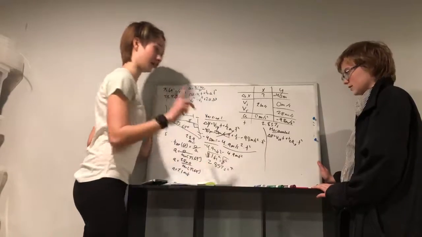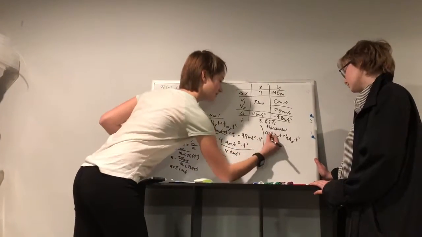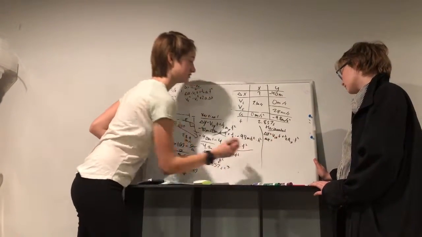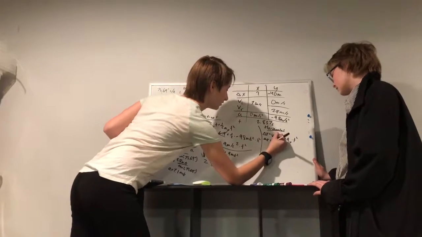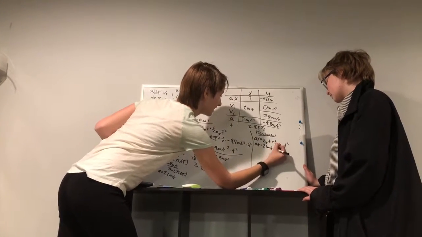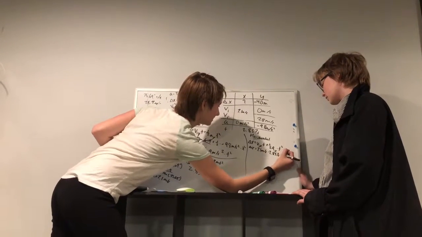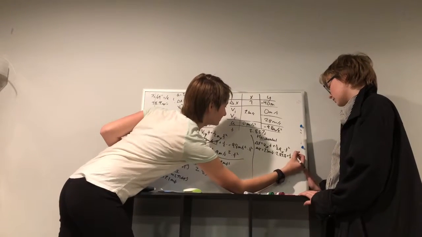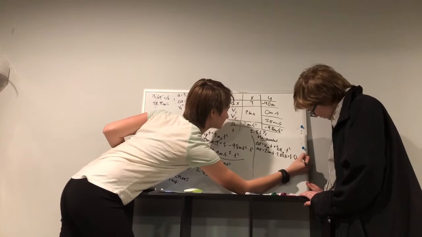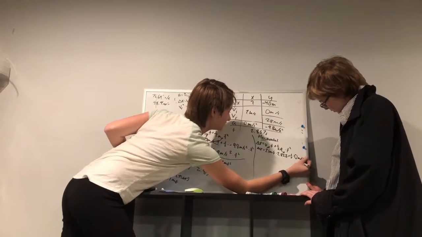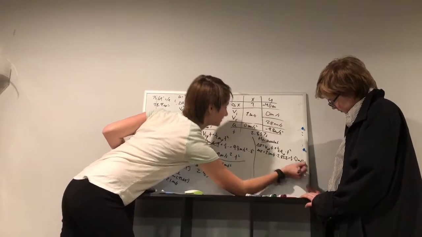Then we are going to plug in our variables. We have our unknown variable, displacement, is equal to the initial velocity, which is 7.1 meters per second, times the time, which is 2.857 seconds, plus 1/2 times 0 meters per second squared times our time, which is 2.857 seconds.